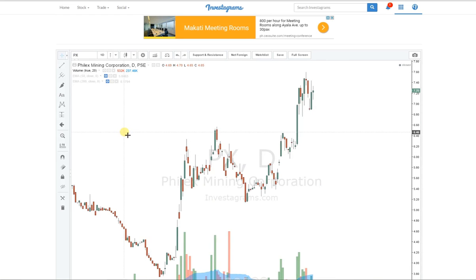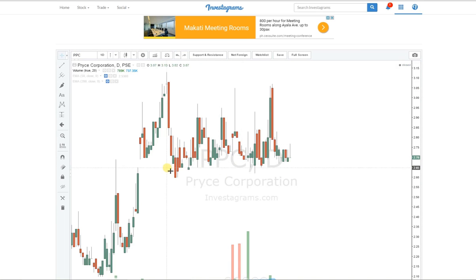When we talk about support and resistance, it represents the supply and demand, okay? So when you observe certain price behaviors, you're going to see that at certain levels, stocks would bounce, okay? So this is what you call the support level here.